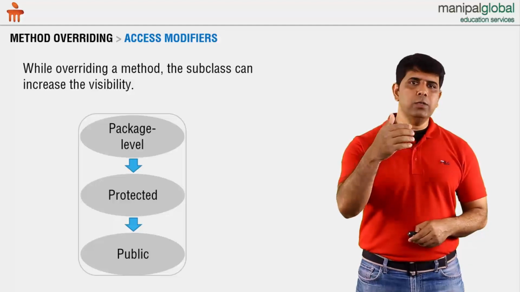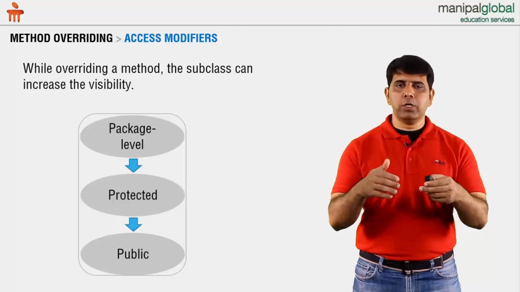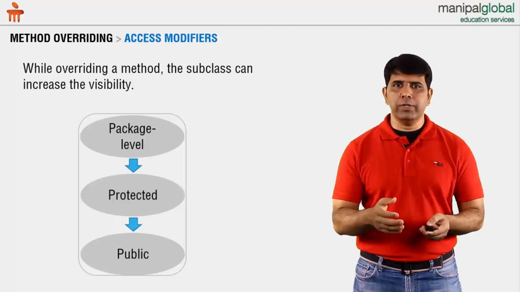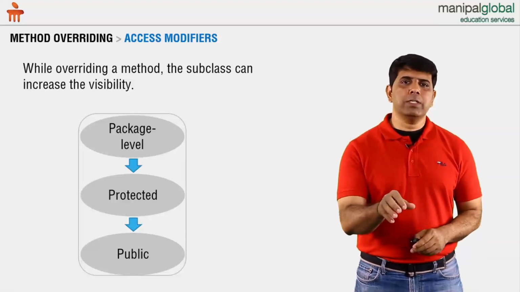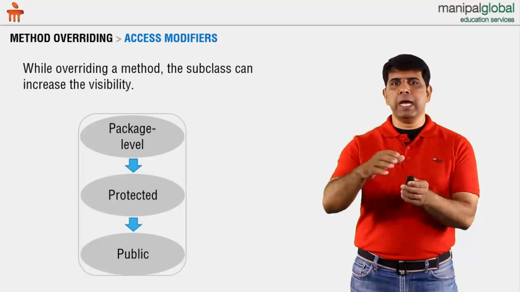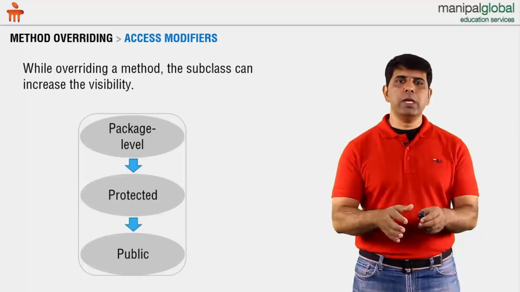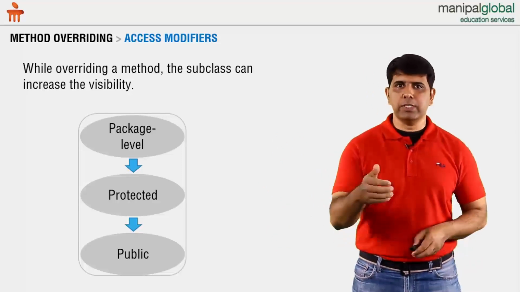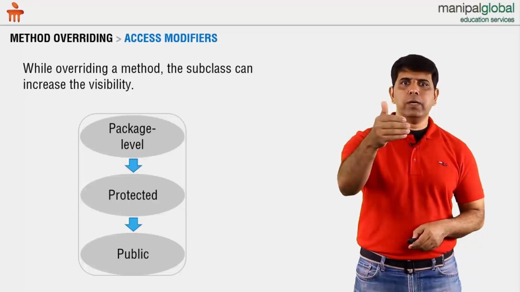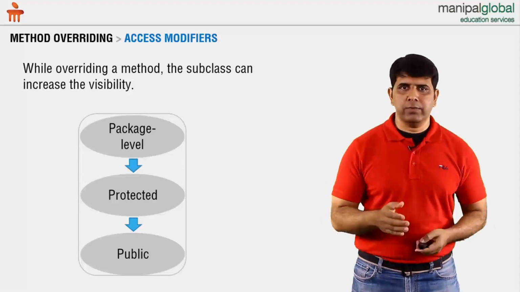We say package level access is a weaker access, and protected is a little bit stronger. The reason is package level members are accessed only inside the package, whereas protected members can even be accessed outside the package provided they are inherited. Public members can be accessed anywhere. So we say package level is weaker access, protected is stronger, and public is strongest.